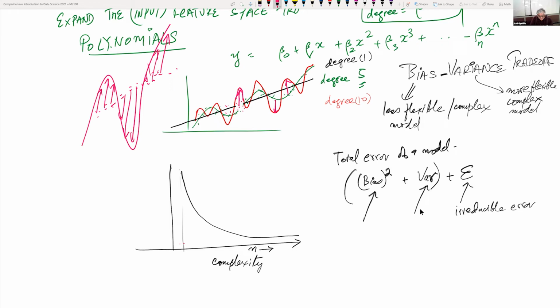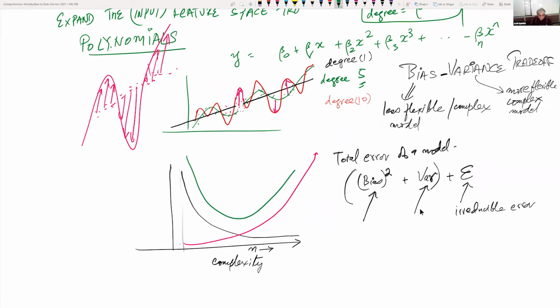So this will go like this, and it will keep on going up, and the bias error will keep on going down. But when you look at the total error, which is the sum of these two, it will go like this. So what does it mean?